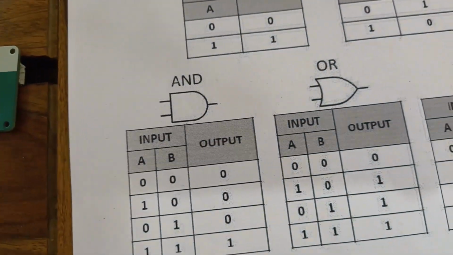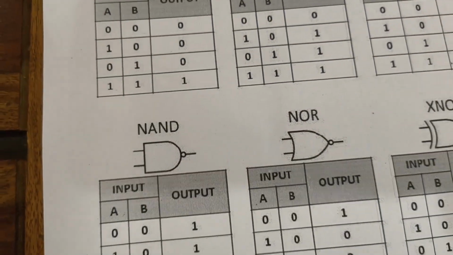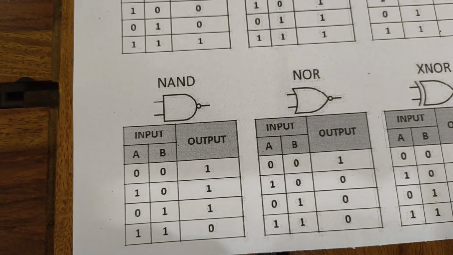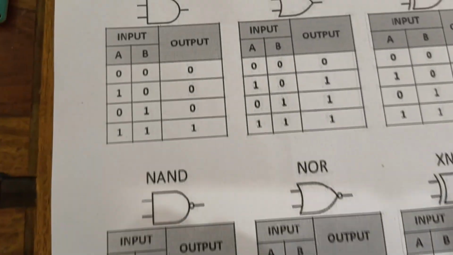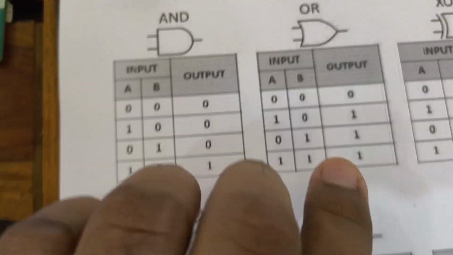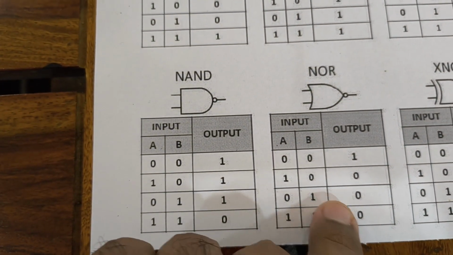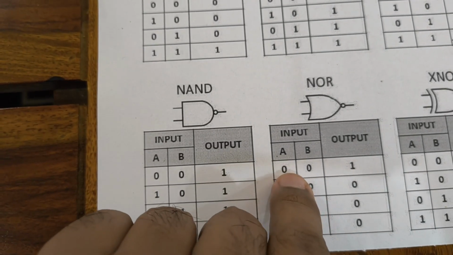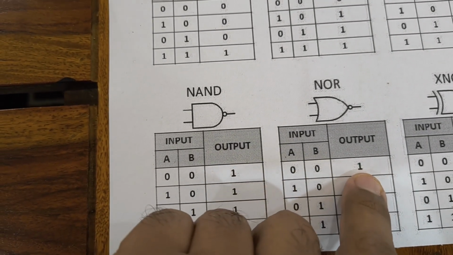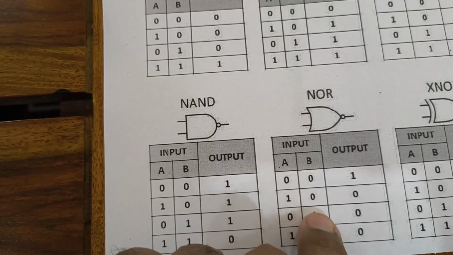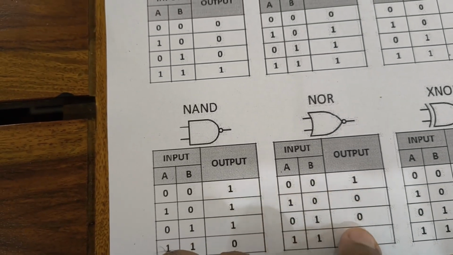So NOR gate is OR plus NOT. So here it is 0 1 1 1, here it is 1 0 0 0. So same here, when both signals are 0, then it will become 1. If any signal is 1, then it will become 0.